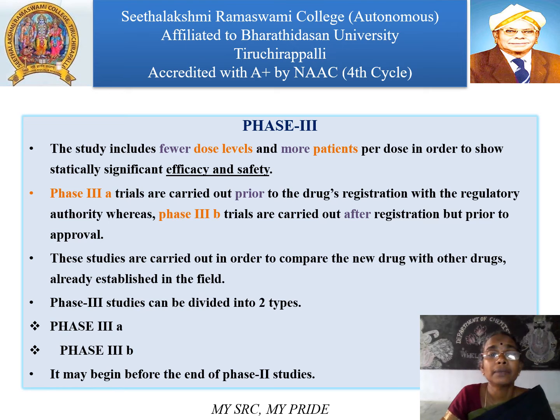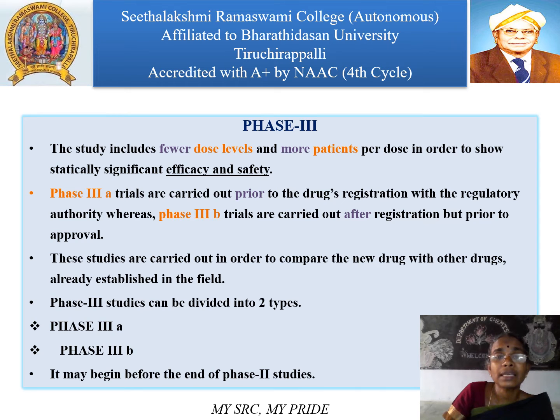In phase 3, the study includes fewer dose levels and more patients per dose in order to show statistically significant efficacy and safety. In phase 3, efficacy and safety are to be found out, so fewer dose levels and more patients are involved.